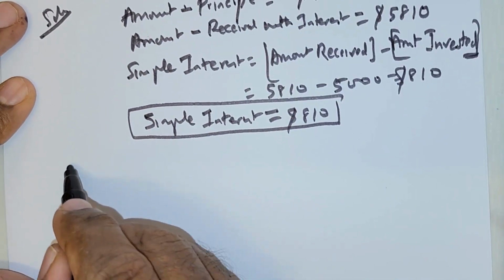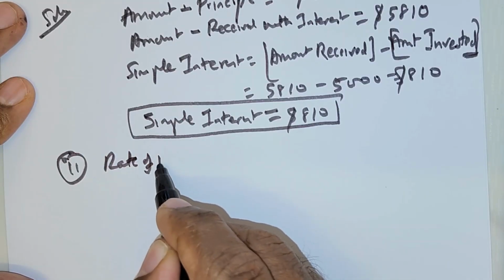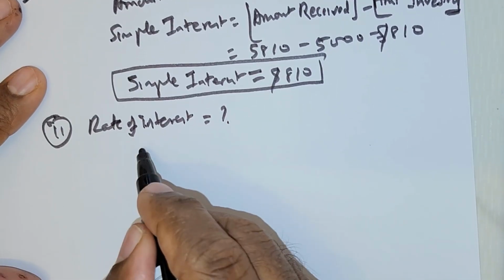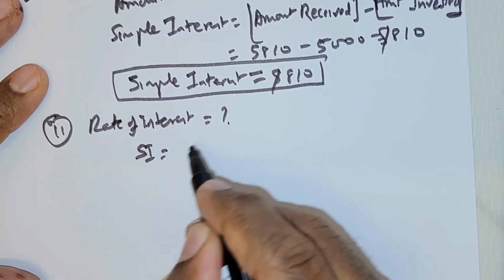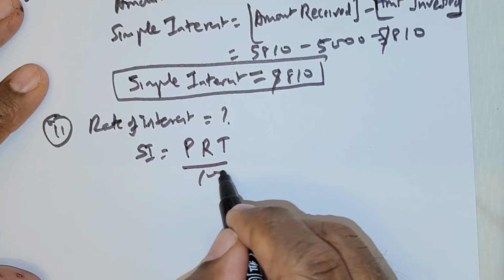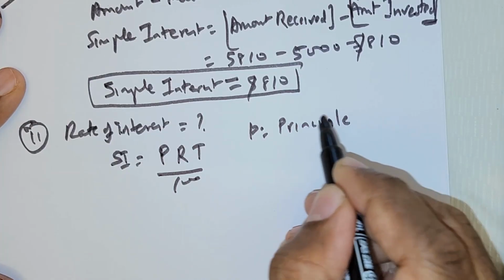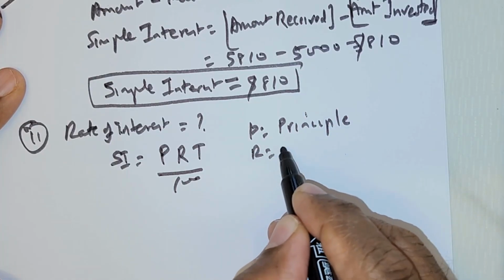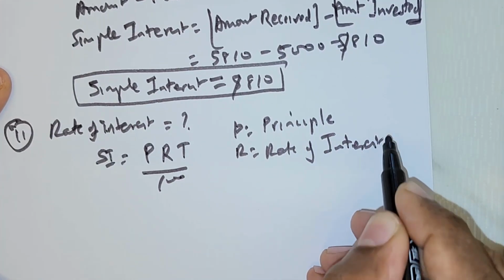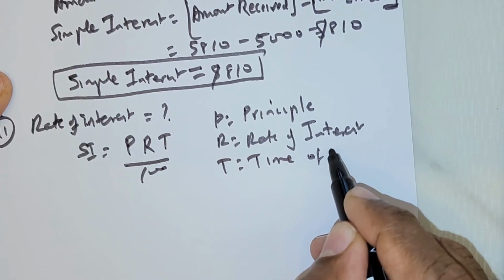Next, they are asking you to find the rate of interest. Rate of interest is required. Now the formula: simple interest is equal to P R T divided by 100. P is the principal, R is the rate of interest, and T is the time of investment.